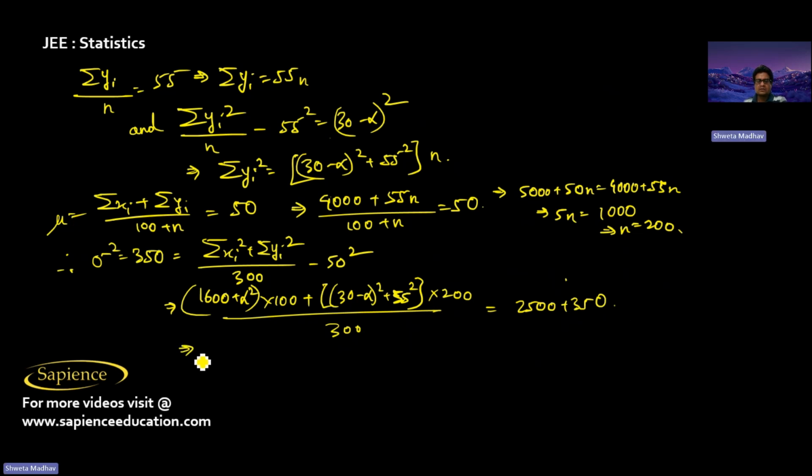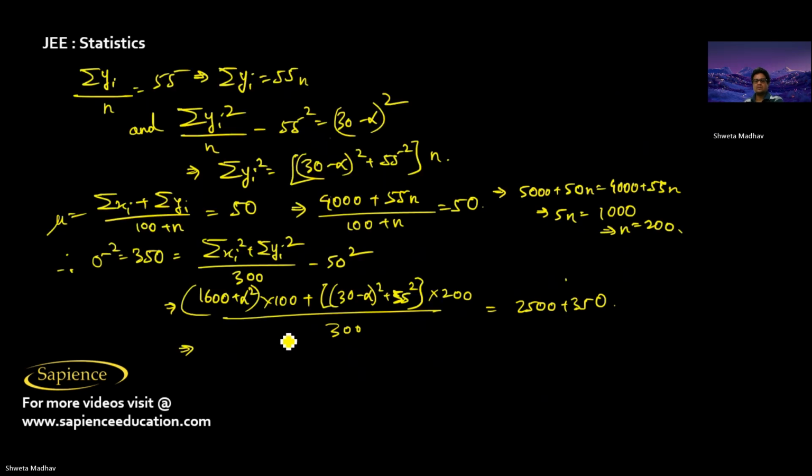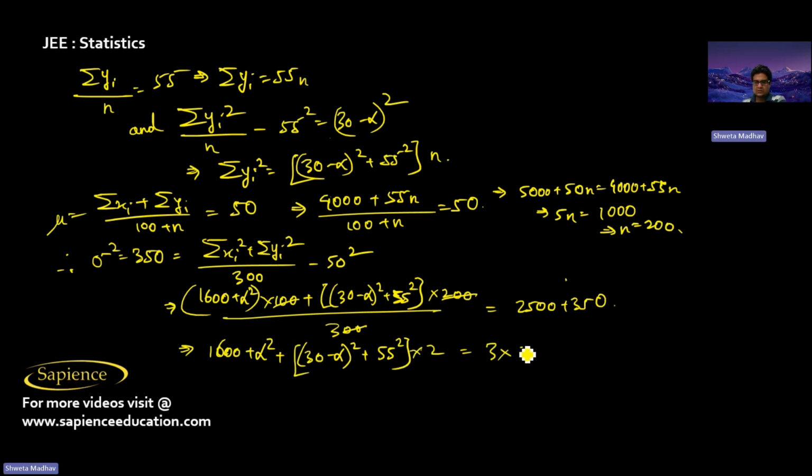So therefore I can find out alpha square here. Here the zeros I can cancel out. So this will become 1600 plus alpha square plus (30 minus alpha) whole square plus 55 square into 2, that is equal to 3 into 2850.